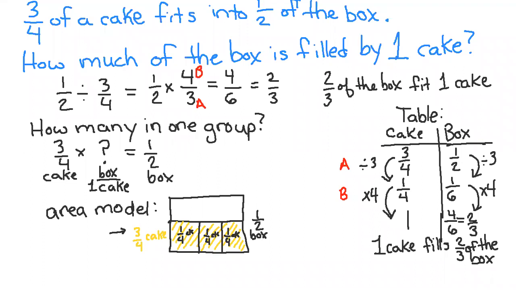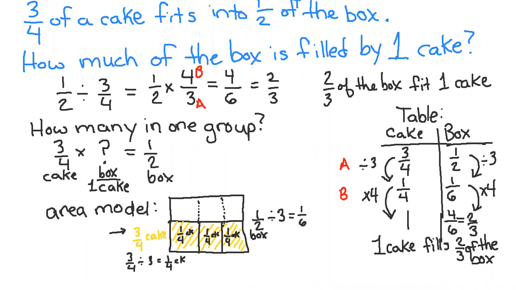So we divided our 1/2 of a box by 3 to get 1/6 of a box. We divided our 3/4 by 3 to get 1/4 of a cake. When we extend these cut marks, then we can see the 1/6 of a box holds 1/4 of a cake.